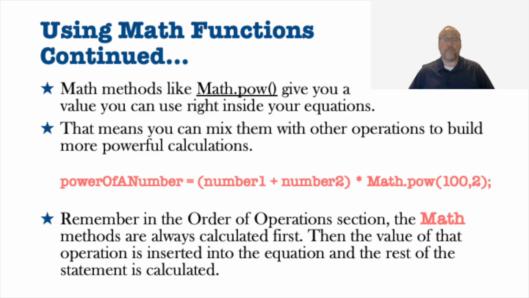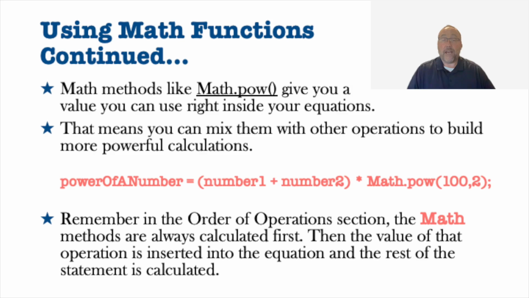Here's an example of that. In this equation, notice way over on the right side, we're using the power method, the exponent. So this would be powerOfANumber equals (number1 + number2) times Math.pow(100, 2). If you remember our order of operations, we first calculate the math function, so this would be 100 to the power of 2.